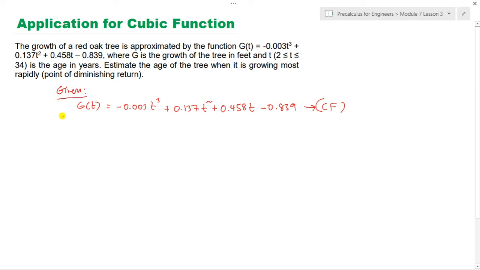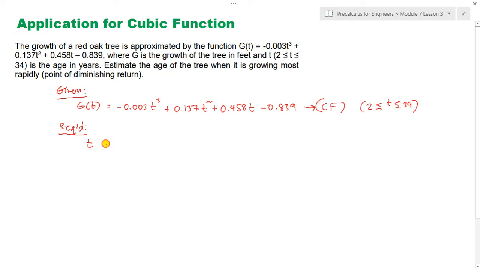Now, the required. The domain is from 2 years until 34 years only. The required here is to estimate the age of the tree, so that is the t when it is growing most rapidly. So again, for every problem for a function, there is a goal.